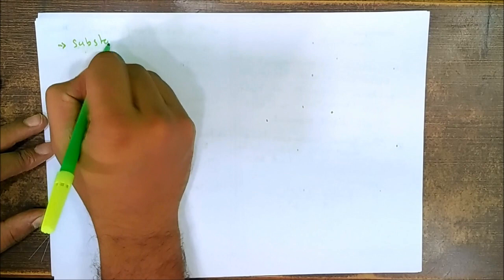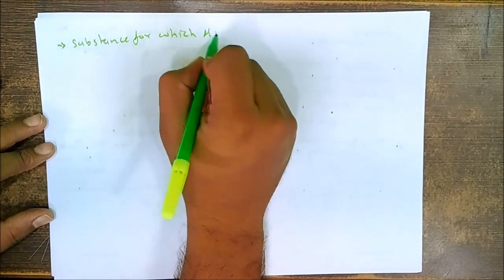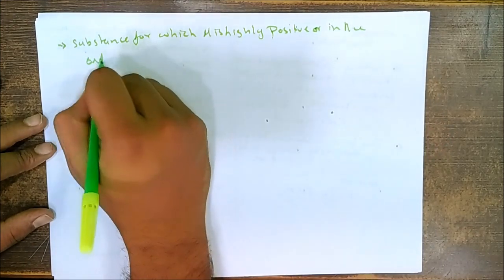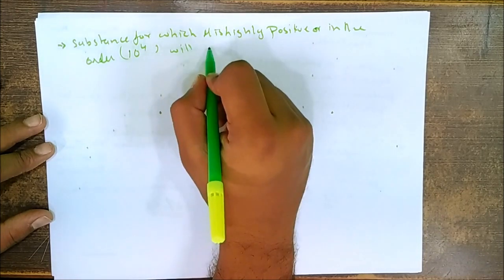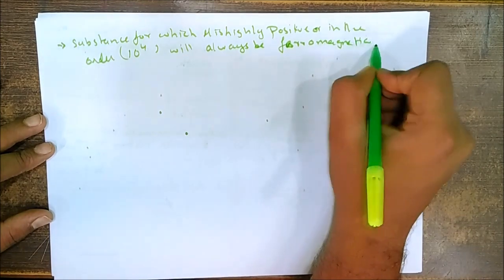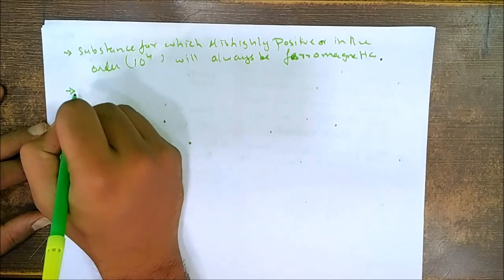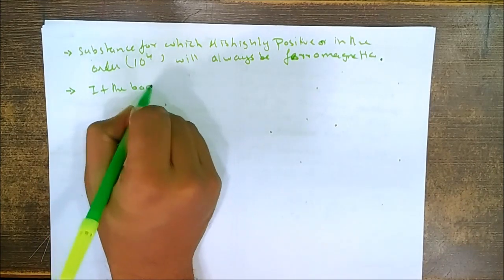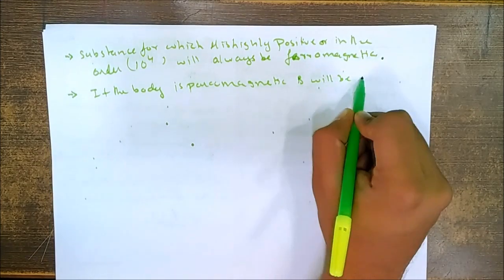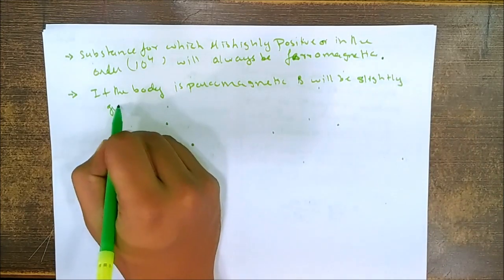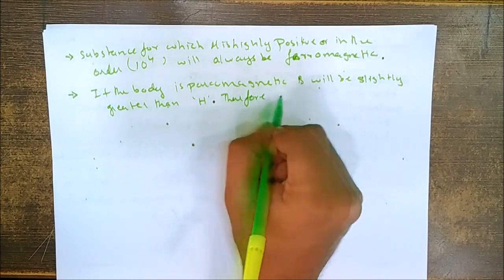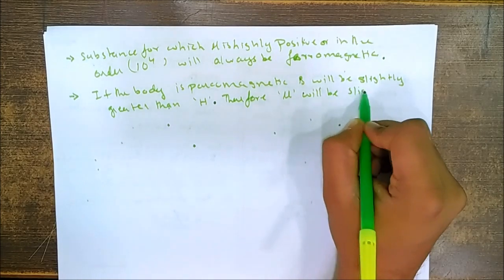Next, a substance for which mu is highly positive, or in the order of 10⁴, will always be ferromagnetic. Now if the body is paramagnetic, B will be slightly greater than H. Not much, slightly greater than H. Therefore, mu will be slightly greater than 1.